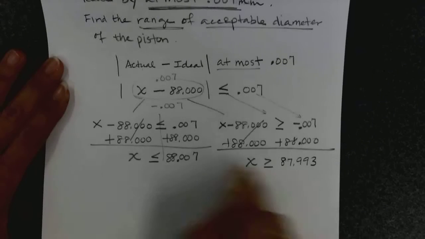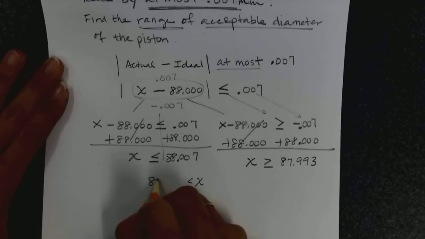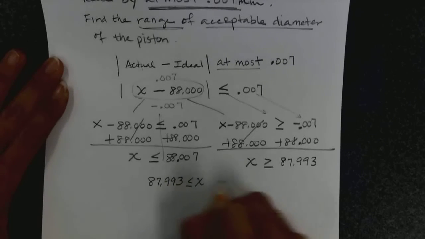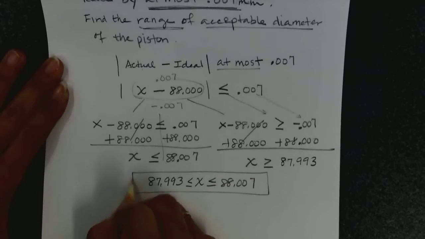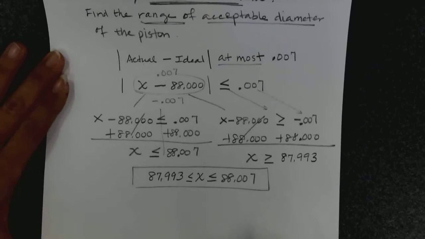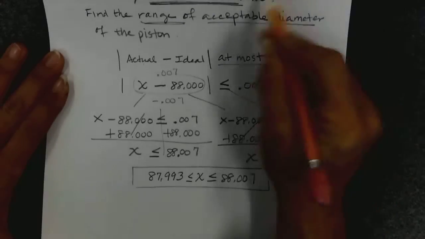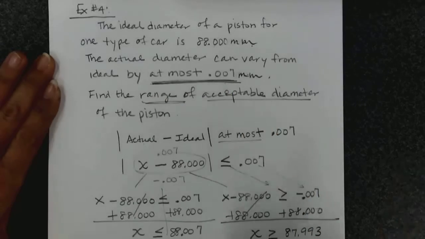So now if I were to write from least to greatest, x would be in the middle. And then x has to be greater than or equal to 87.993, which is less than or equal to 88.007. So this is my acceptable measurements for my piston.